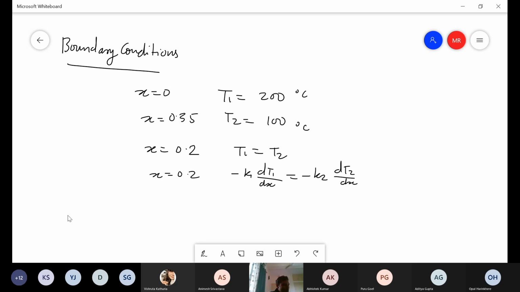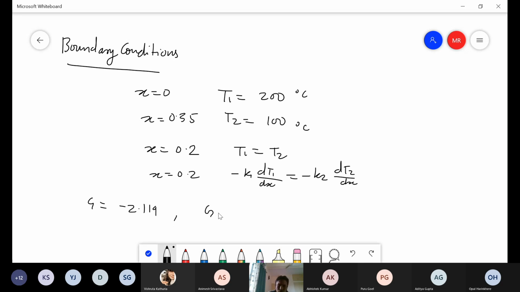So if you do all your calculation, what you should expect to get is, I'm writing the final answers. Please check whether these are correct or not. Okay, so C1 expected to get is minus 2.119. C2 is expected to get is 241.2. C3 you will get as minus 5.297, and C4 you are expected to get is 331.74. Just check whether you all are getting the same values of the constants or not.